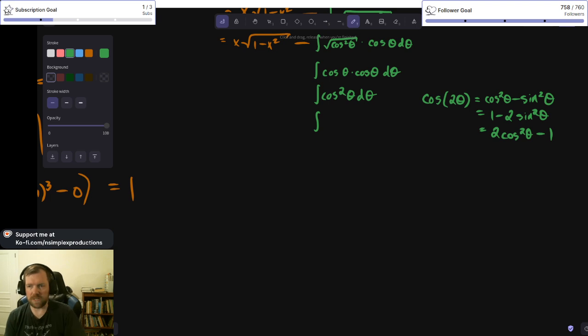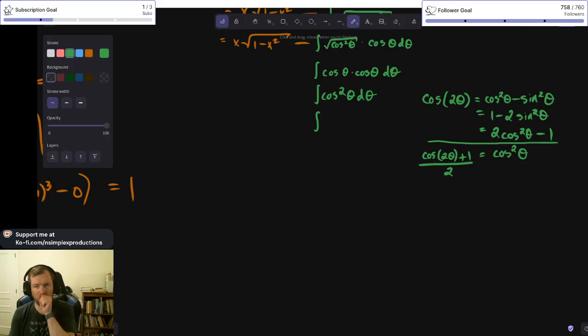And then when you start changing stuff around, this is where we get cosine squared theta is going to be equal to cosine of 2 theta plus 1, all divided by 2. So 1/2 times the integral of cosine of 2 theta plus 1 d theta. Okay, so from here, we get a 1/2.